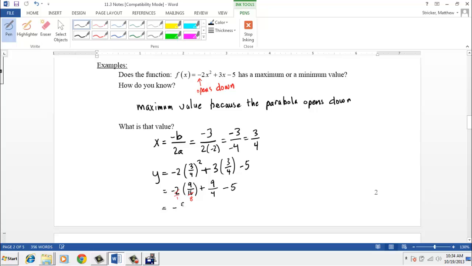So this is negative 9/8 plus 9/4 minus 5, which if we convert everything to eighths, it's negative 9/8 plus 18/8 minus 40 over 8.